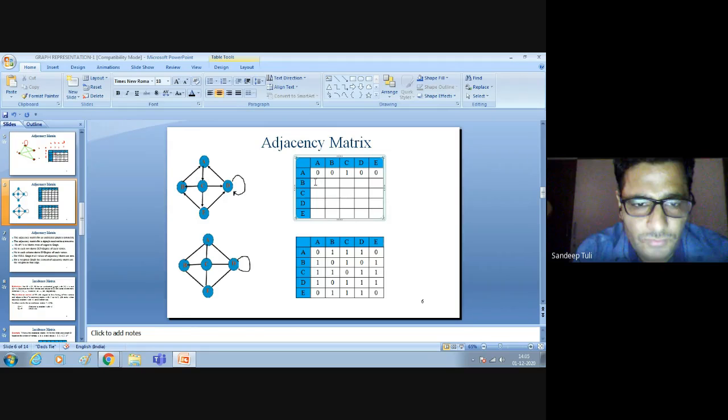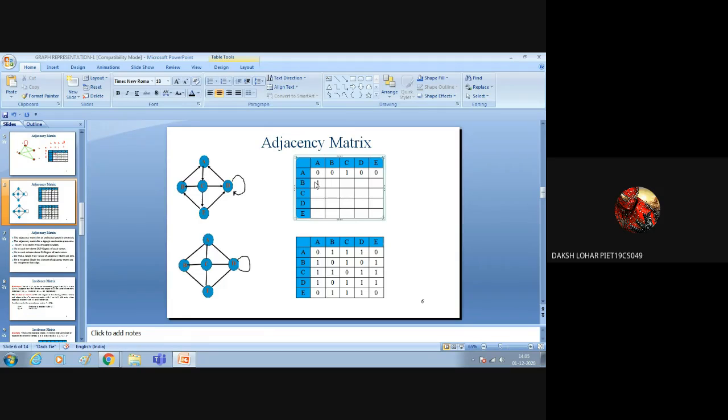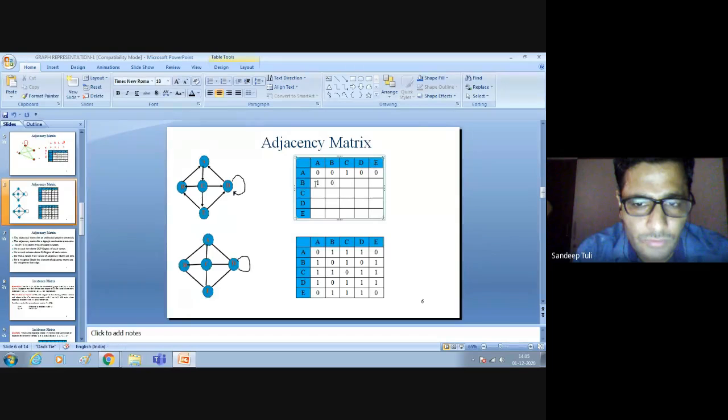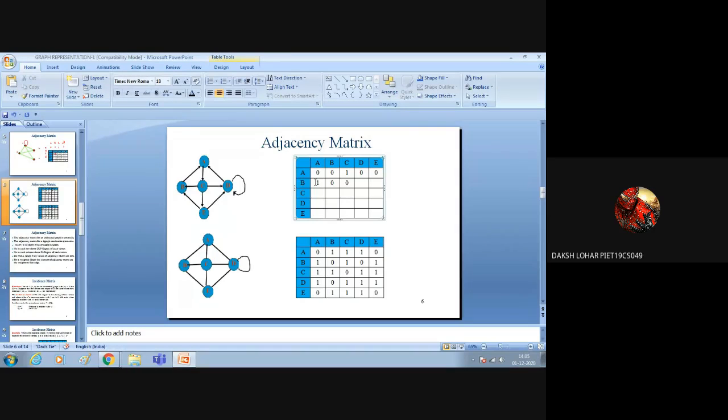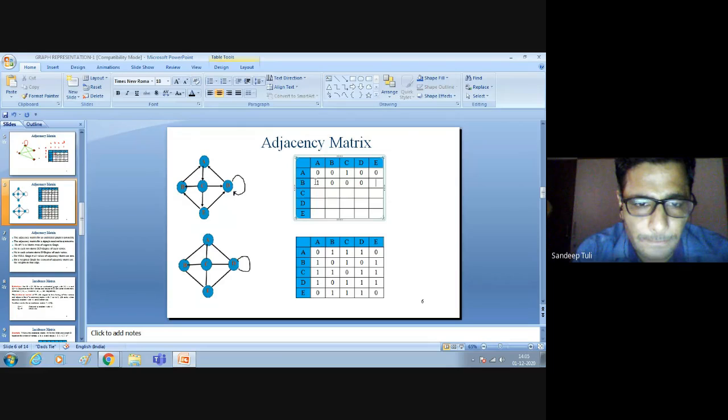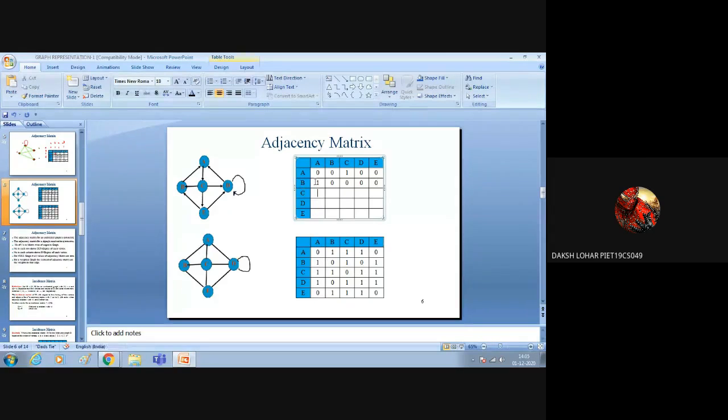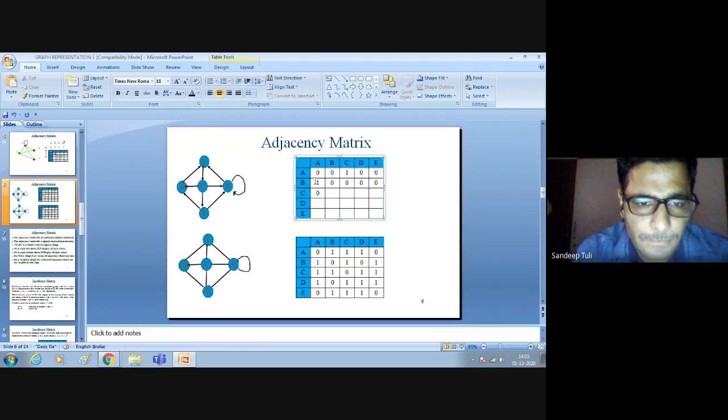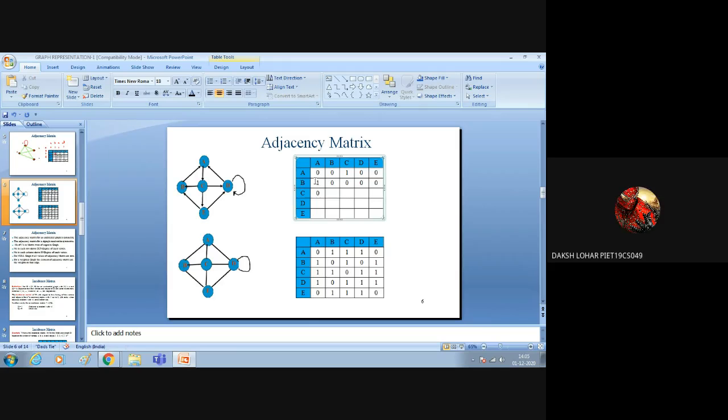For B, 1, 0, 0, 0, and for D 0, for E 0, for C 0. For B it's 1, 0, 1, and for E 1.